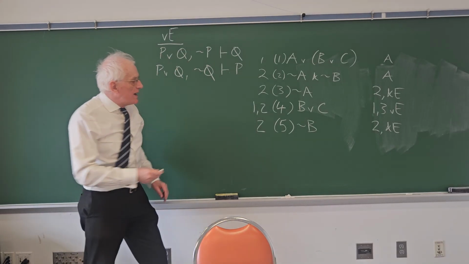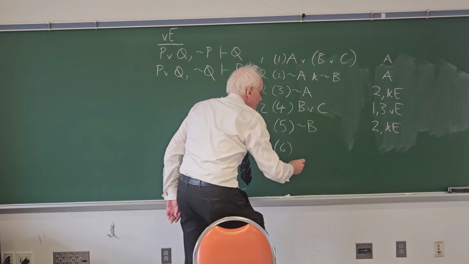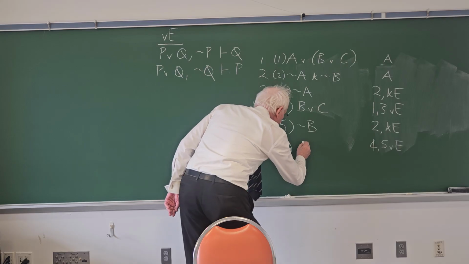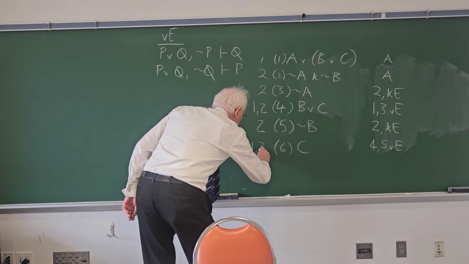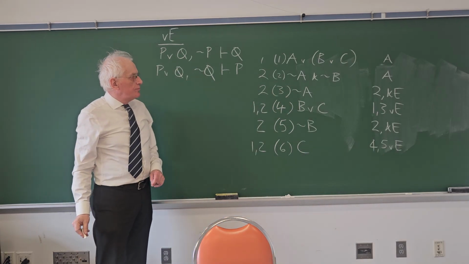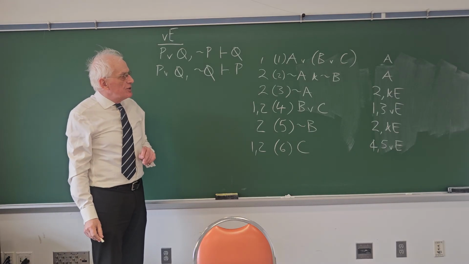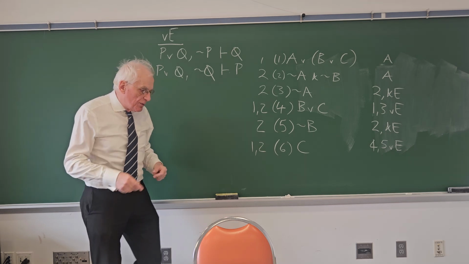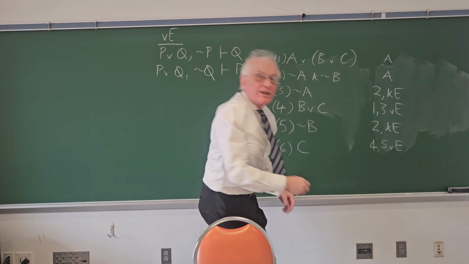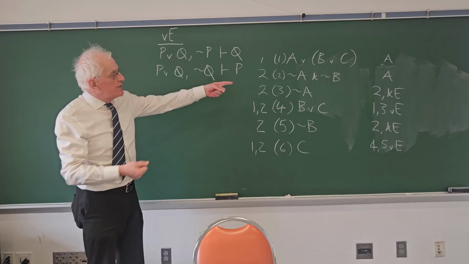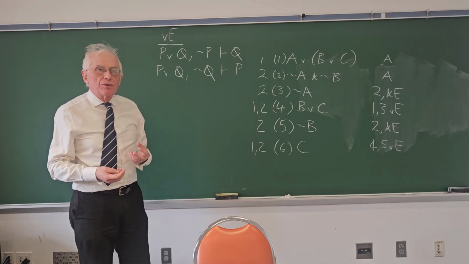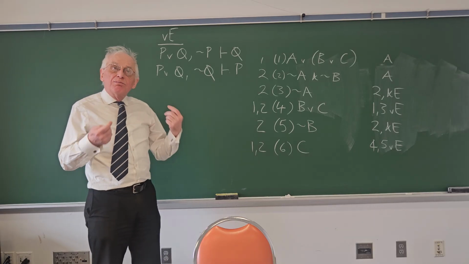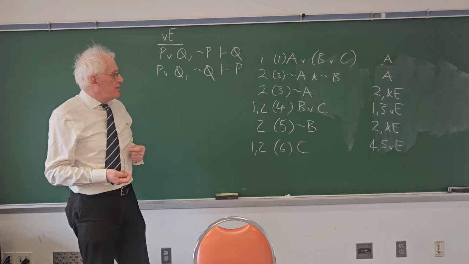And now 4, 5, wedge elimination gives us C. So two instances of conjunction elimination, ampersand elimination, a one-line rule, because there's lots of information in the conjunction, and two instances of wedge elimination, a two-line rule, because from the disjunction by itself you can't prove either disjunct, but if you have the denial of one disjunct, then you can prove the other.